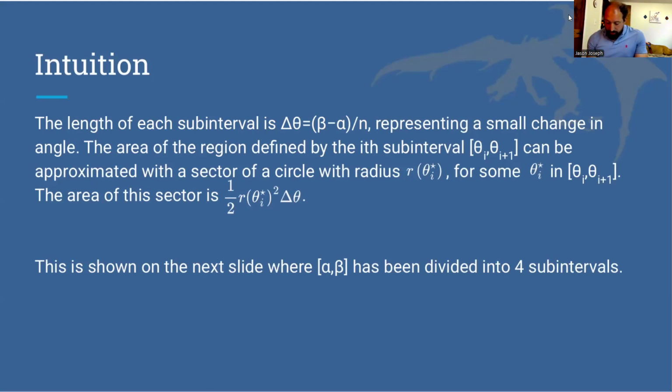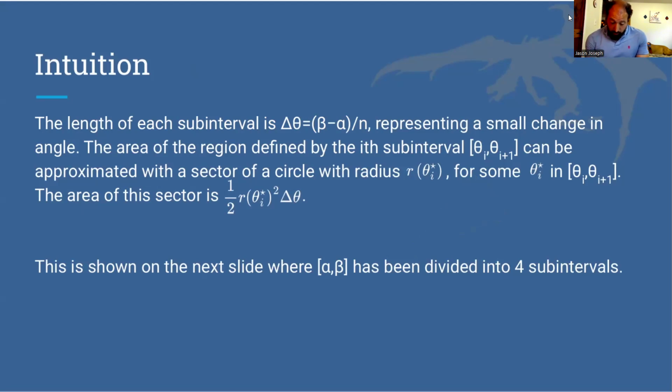Now we have to choose thetas in each subinterval of angles to decide which r value to use for that sector. You can use left endpoint, right endpoint, midpoint, really any point in that interval. It doesn't matter that much. It'll change your approximation, but with the integral we'll eventually do, it won't change the value of the integral.